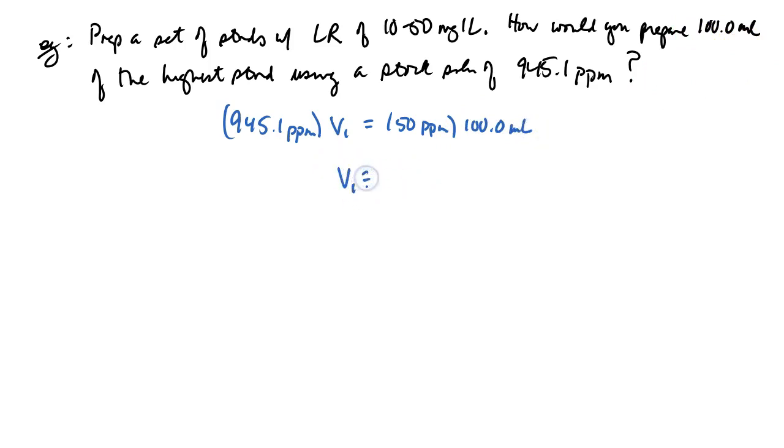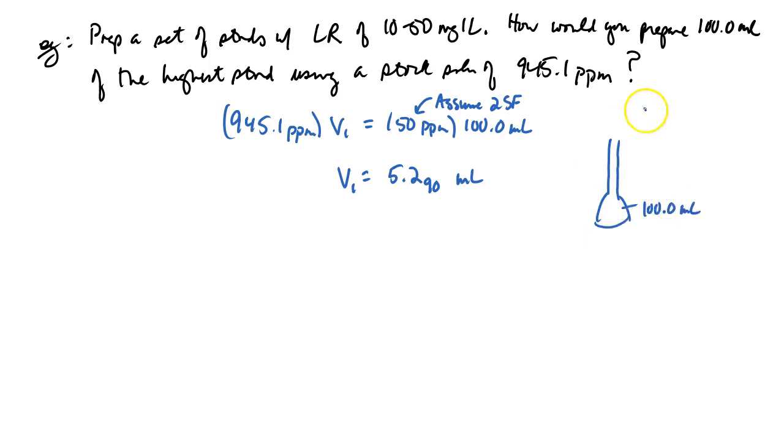So then solving for V1 gives 5.2, and I suppose I'll just assume 2 sig figs here in that 50. 5.2, and then I've kept a few extra digits, 9 and 0, that are insignificant, milliliters. So in other words, what I want to do is get myself a 100 mL volumetric flask, and then I've got to figure out a way to add this 5.290 milliliters of our stock.